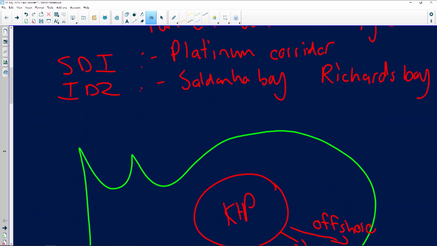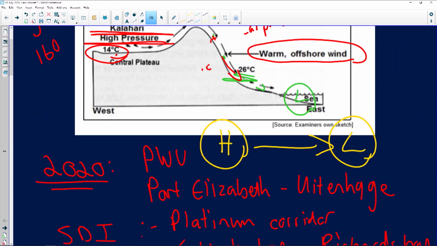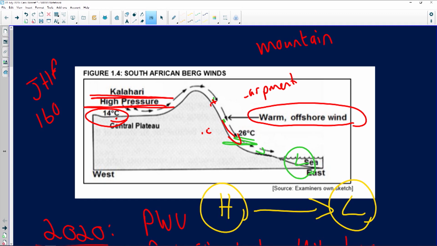The reason for it is because when we experience berg winds, I want you to pay attention to it tomorrow on your way to school. Look at the vegetation. Now, the majority of South Africa, except for the southwestern Cape, the Western Cape, experiences a Mediterranean climate.